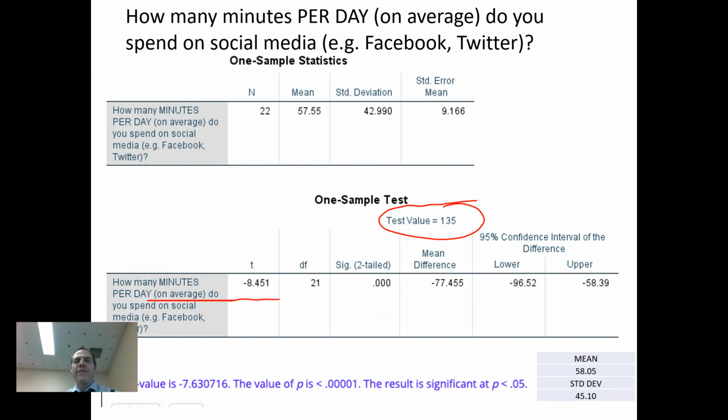So how do we know it's significant? The chance of getting this sample mean was less than 0.05. So right here, this value is less than 0.05. So basically when we see that, it is significant.